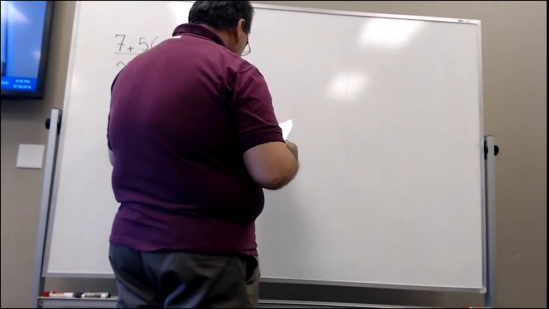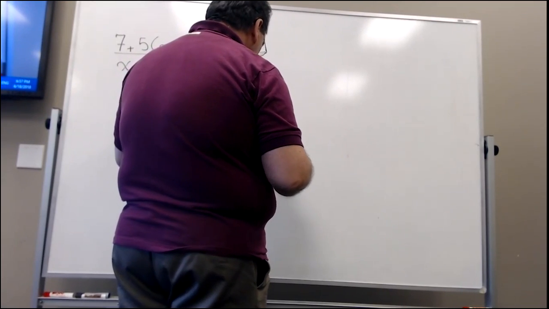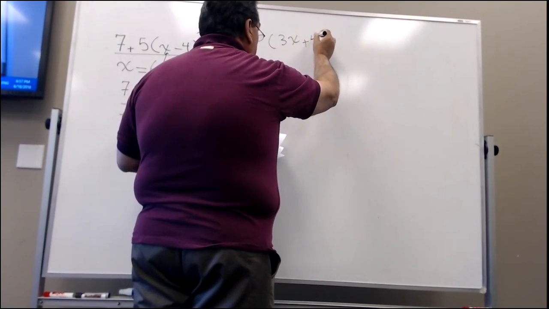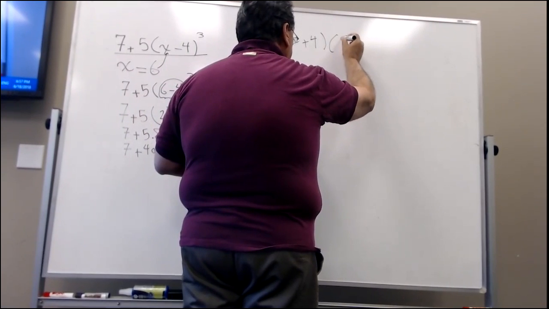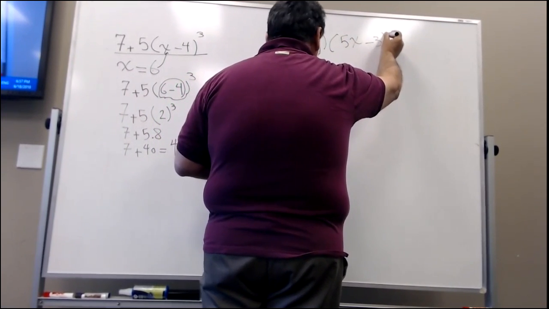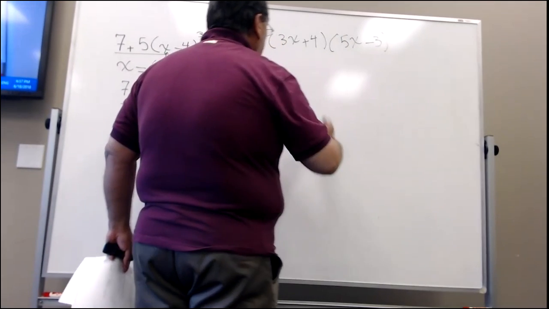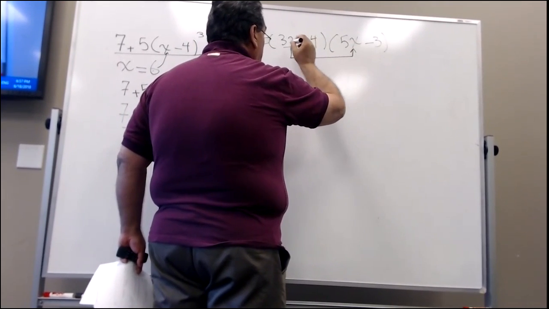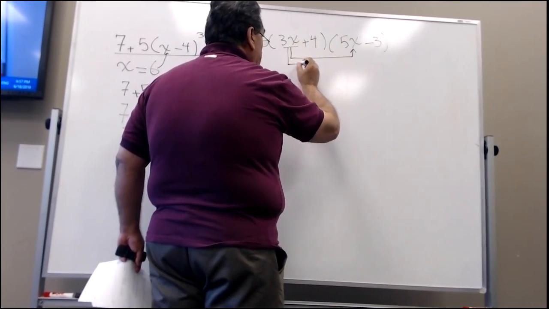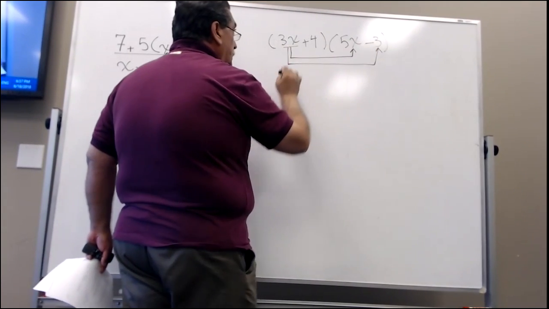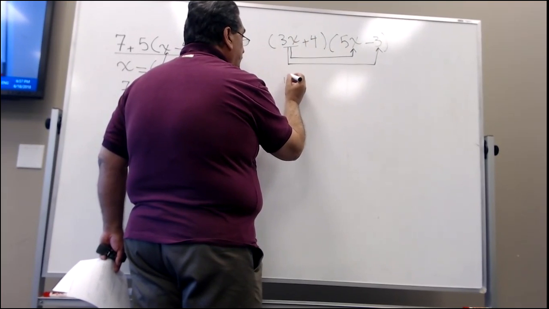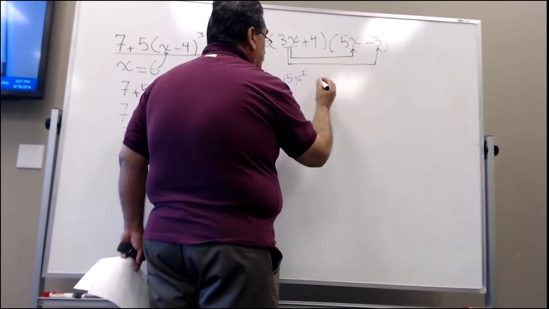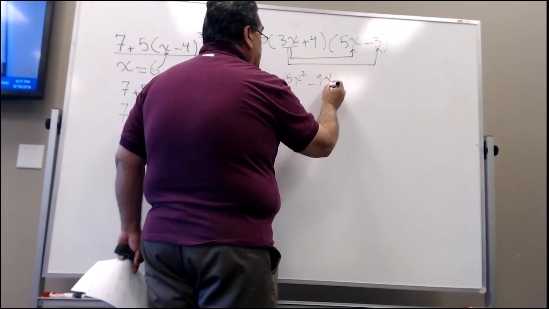Question number 10 says use the FOIL method to multiply these two parentheses, (3x plus 4) times (5x minus 3). Basically, we take this term, 3x, multiplied by the outer, then the inner. 3x times 5x is 15x squared. 3x times minus 3 is minus 9x.